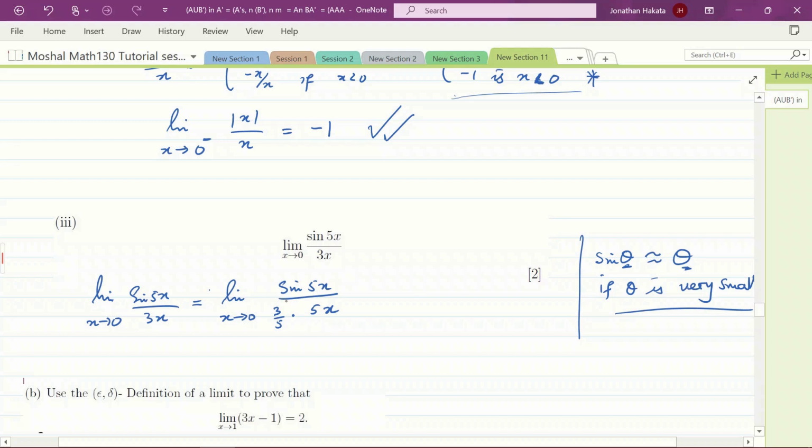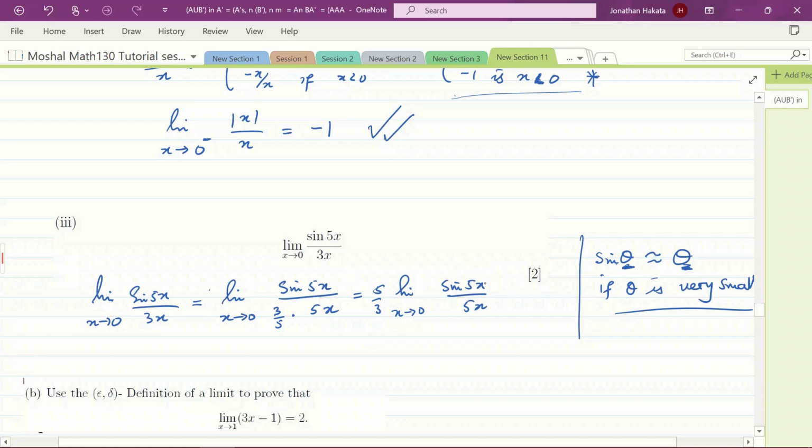This is another way of writing 3x in the denominator, so there is no violation here. So I can factor this 3 over 5 out, so this will be 5 over 3 instead. Then the limit as x approaches 0 of sine 5x over 5x. Now since theta and theta are equal and x is approaching 0, these angles are very small, so this will be giving me a 1.